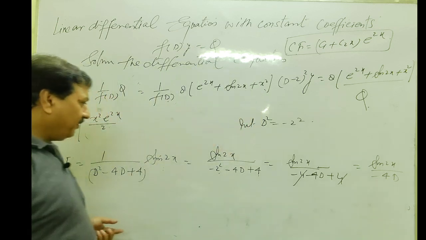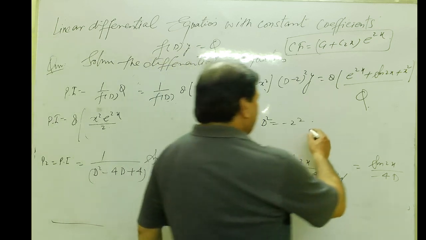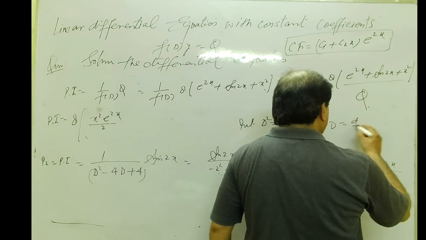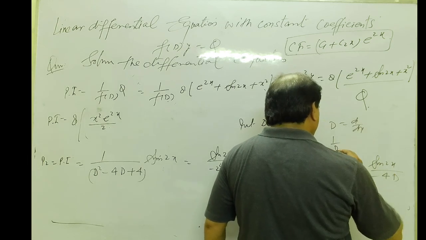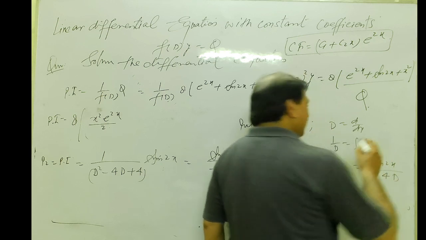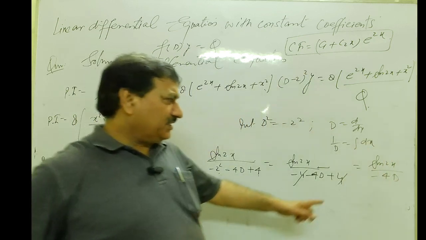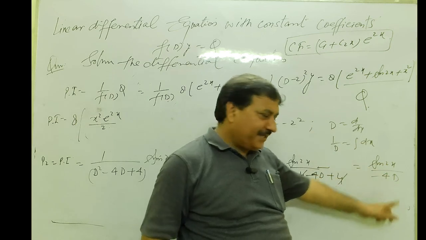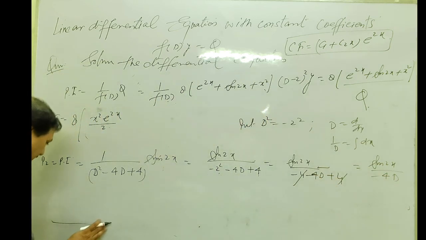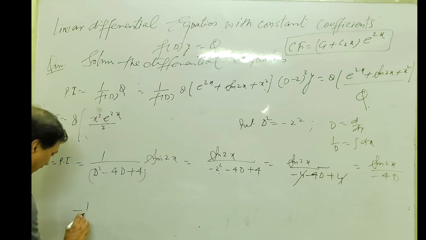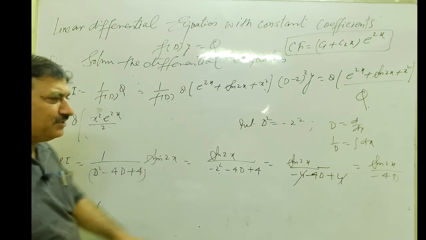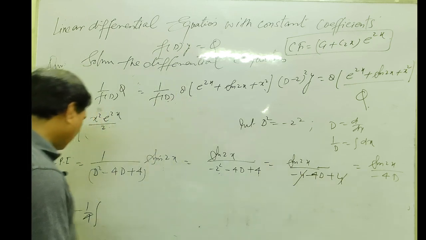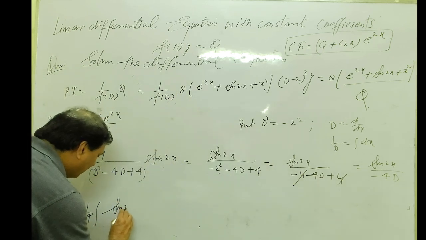Here D means d by dx, and 1 upon D represents integration with respect to x. So sine 2x with 1 upon D means integration. My dear student, minus 1 by 4 times the integration of sine 2x.